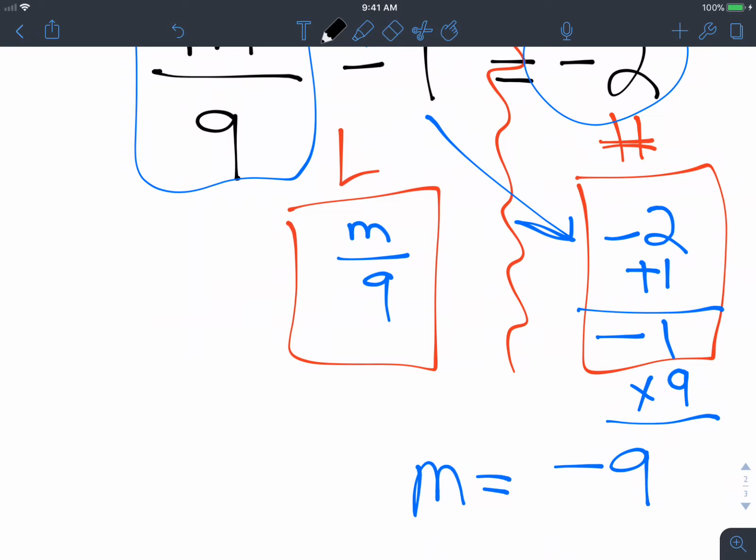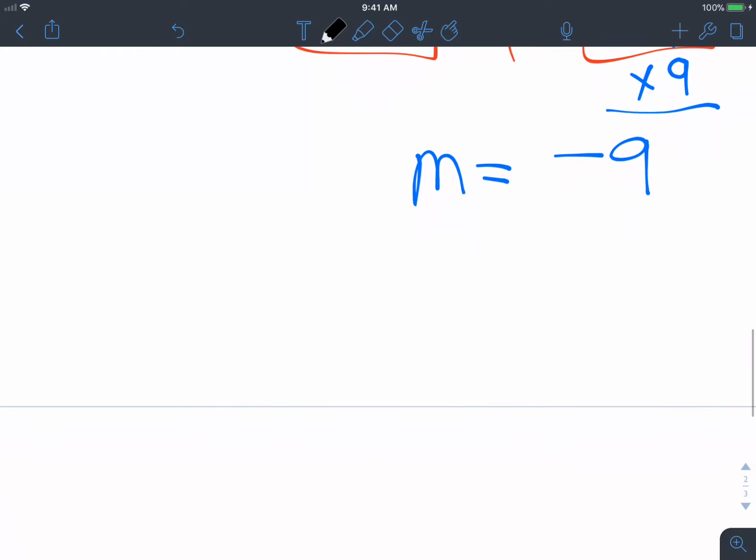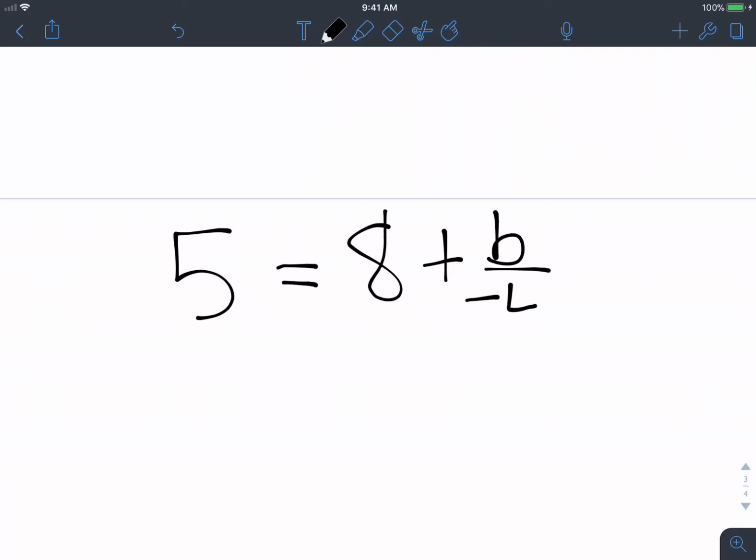Okay, we're going to take a look at one more, and this is just to show you that no matter what side the letter is on, it will work either way. So let's do 5 equals 8 plus b over negative 4.